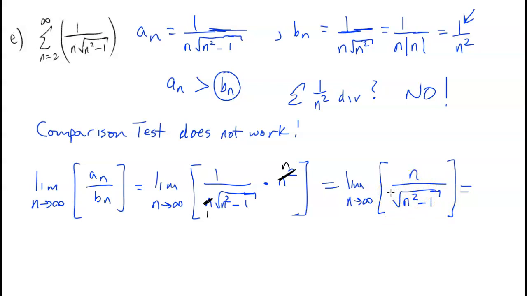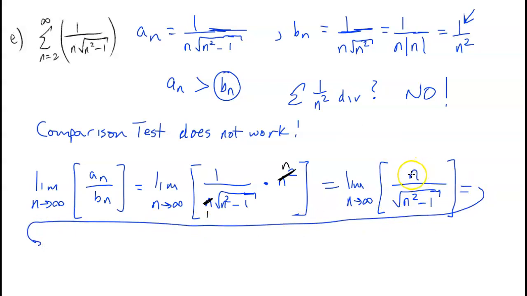To me, a much more slick way to do this is to realize that n can be rewritten as the square root of n squared.